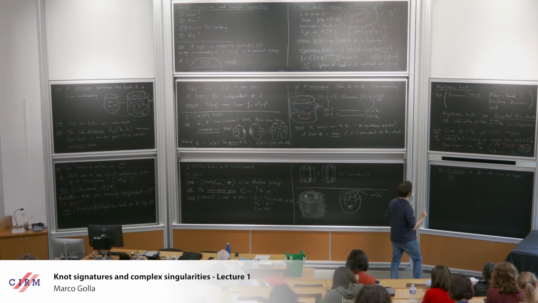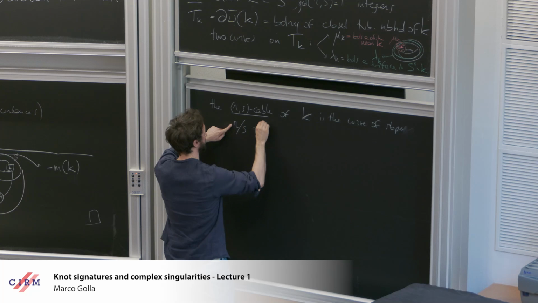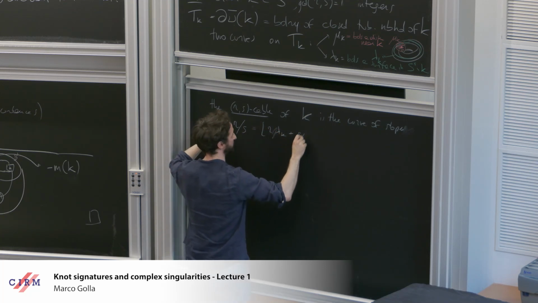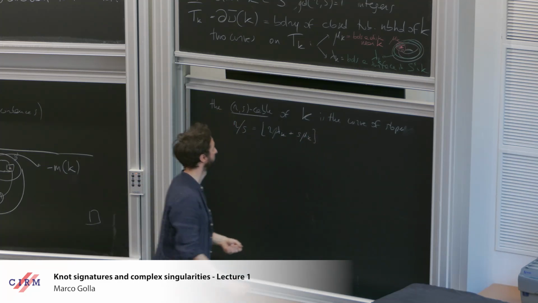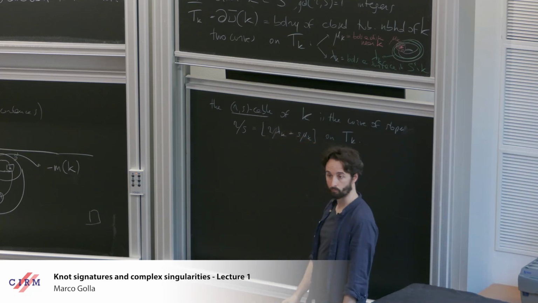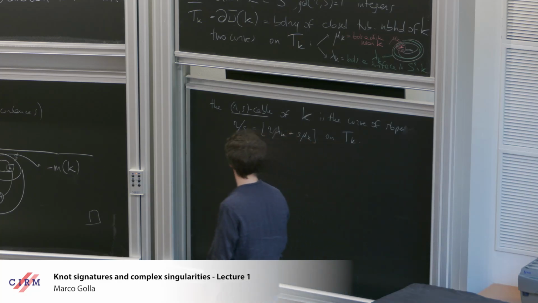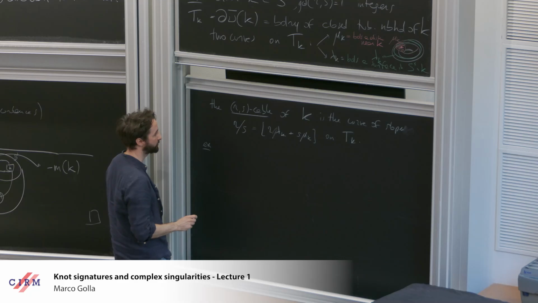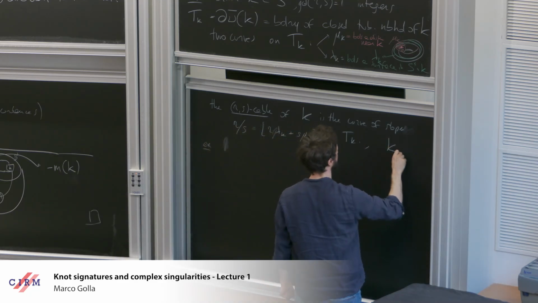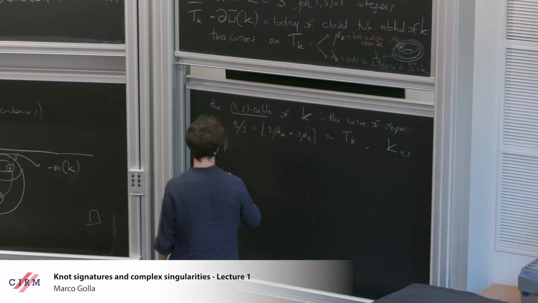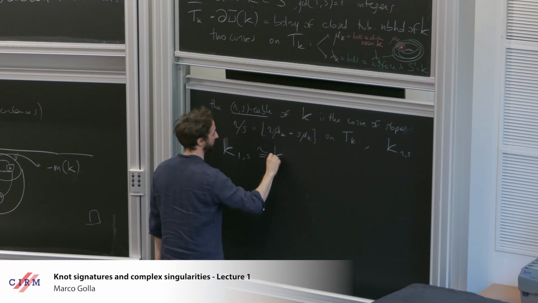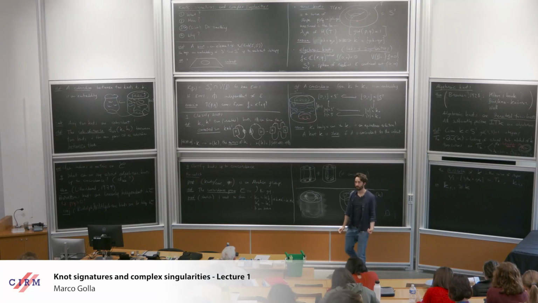I want to run R times along lambda and S times along mu on the boundary of the neighborhood T_K. So in particular, if I do the one, I will denote this with K_RS. If I do K_1 anything, this is isotopic to K. This is the convention that I want to have.